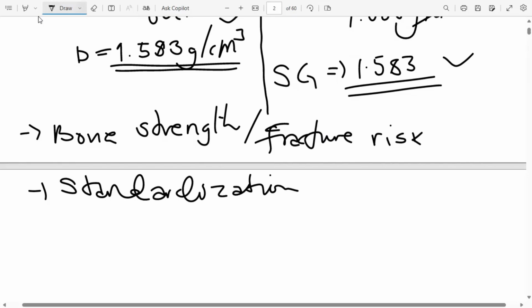We can also talk about its use in diagnosis. When you talk specifically about bone densitometry, you're going to find that higher specific gravity will generally mean that you have healthier and stronger bones, whereas lower specific gravity will indicate lower mineral content of your bone.